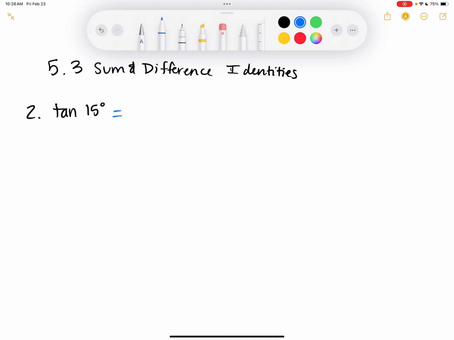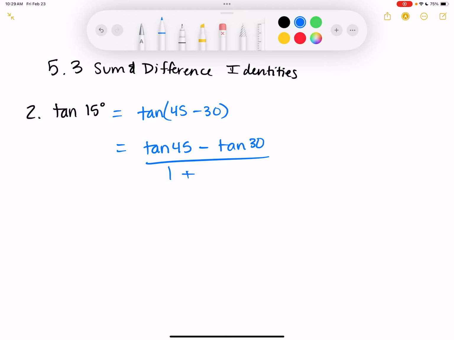So 45 minus 30. The formula is tangent of 45, same sign on top, minus tangent of 30, over 1, opposite sign on the bottom, plus tangent of 45 times tangent of 30. What is the tangent of 45?